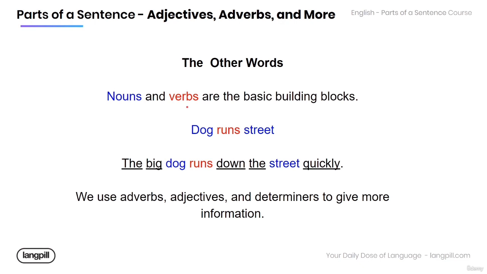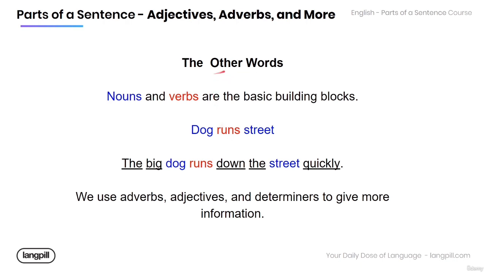Those are the most important parts of a sentence, right? You can make a sentence basically with just a noun and a verb. Dog runs street, right? That's enough information. I can understand what they're talking about. Obviously, this isn't a full English sentence, but the nouns and the verb give me most of the information.